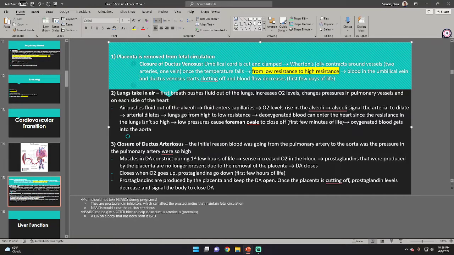So it's like going from a system of saying, nope, you can't come here, to now, oxygen, come up in here. The oxygenated blood is then going to enter the heart since the resistance in the lungs isn't high anymore. The low pressures cause the foramen ovale to close off within the first few minutes of life, leading to oxygenated blood getting into the aorta.